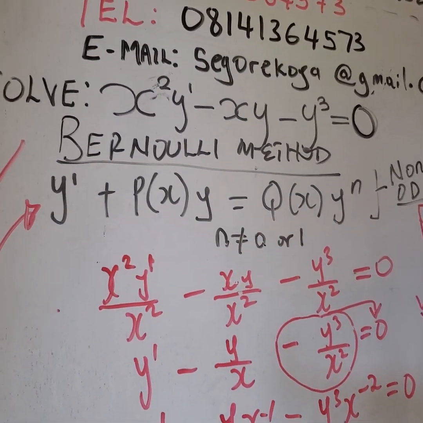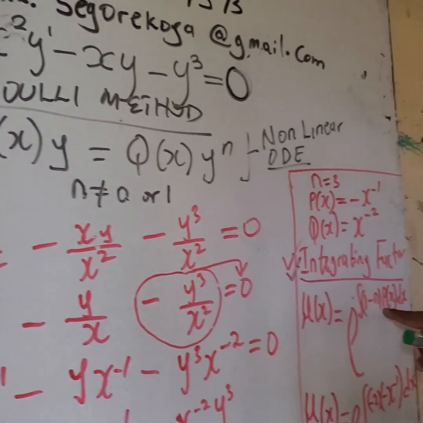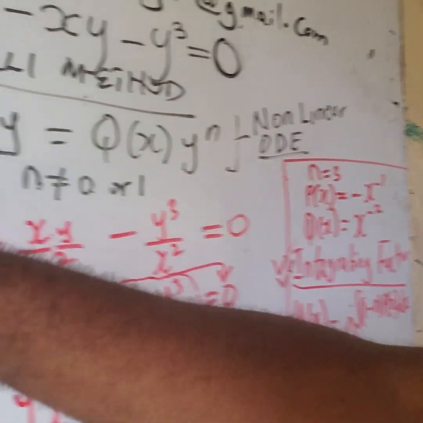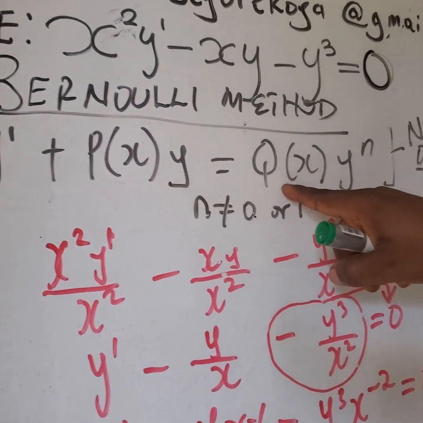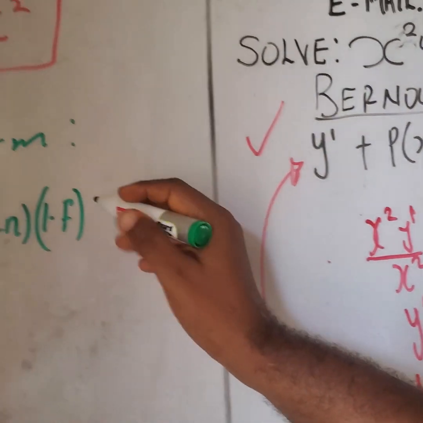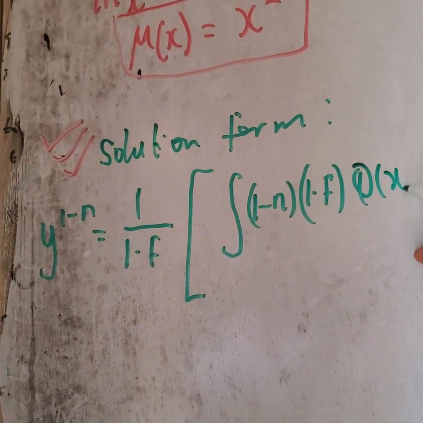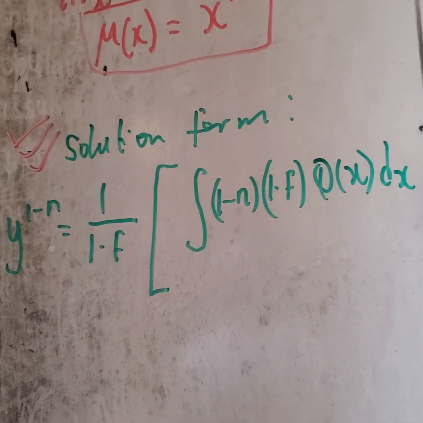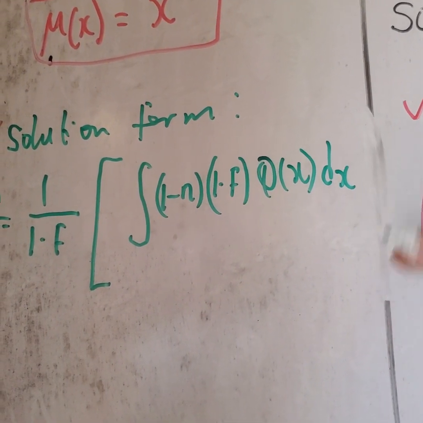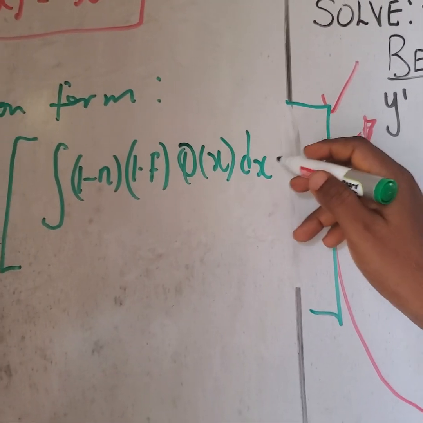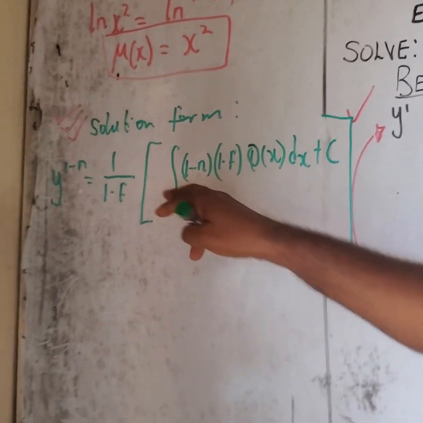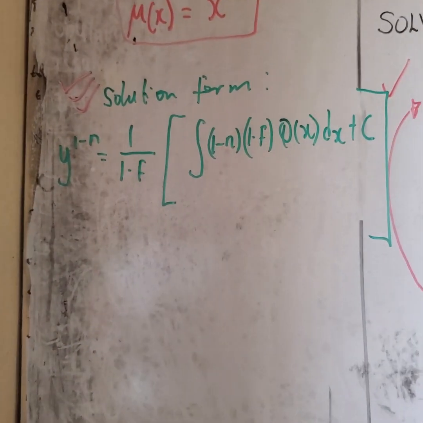When we are doing the integrating factor, we use p of x, but when doing the standard solution, we pick q of x. Then I introduce my constant of integration, plus c. So this integrating factor will multiply everything inside.